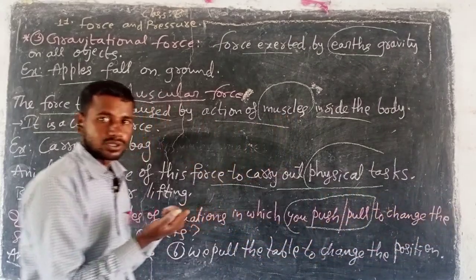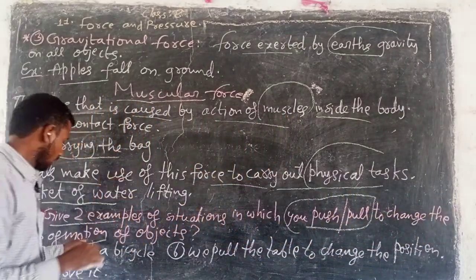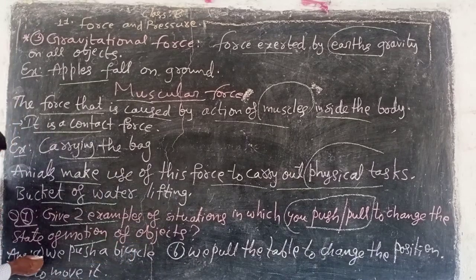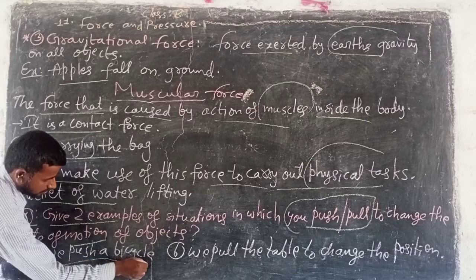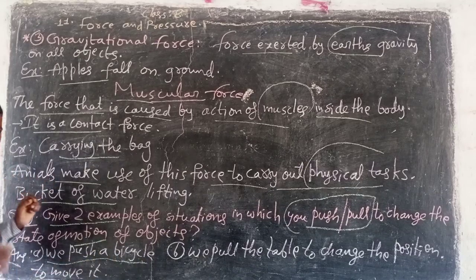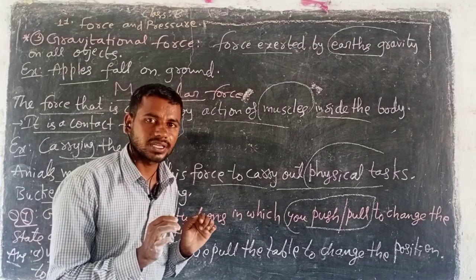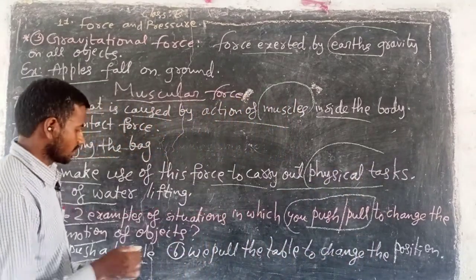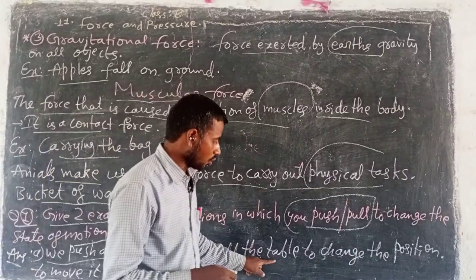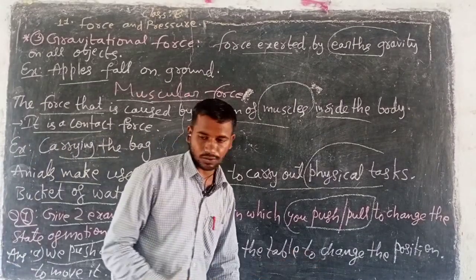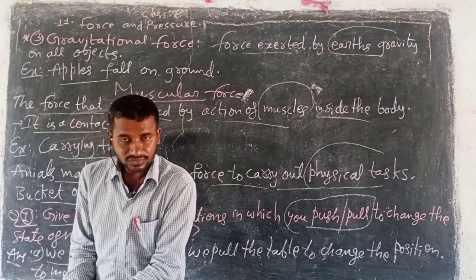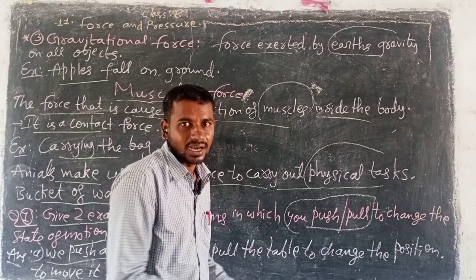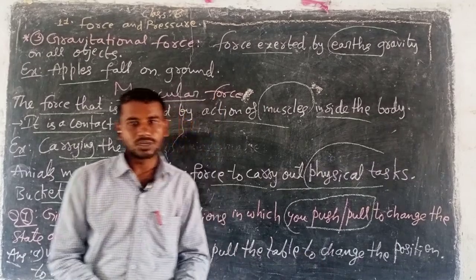Example 1: we push a bicycle to move it forward. And next, we pull the table to change its position. We pull the table backward or frontward to change the position.